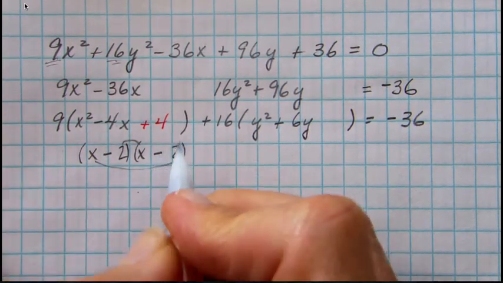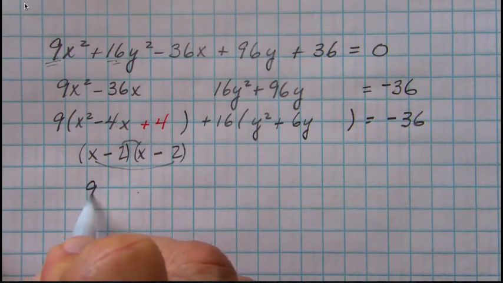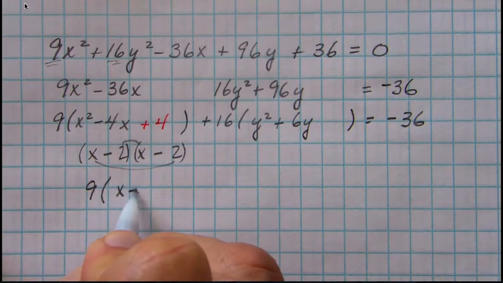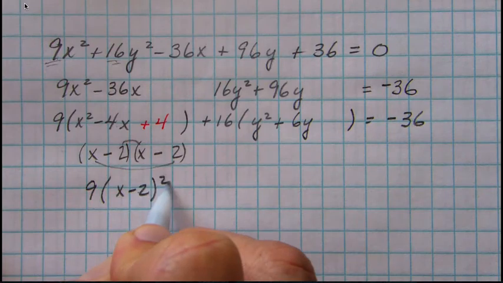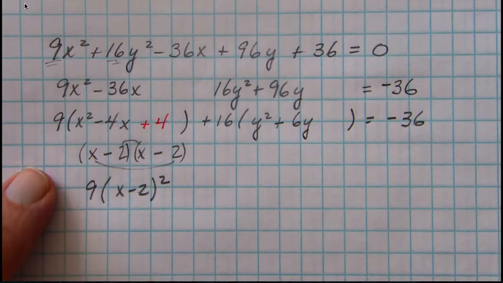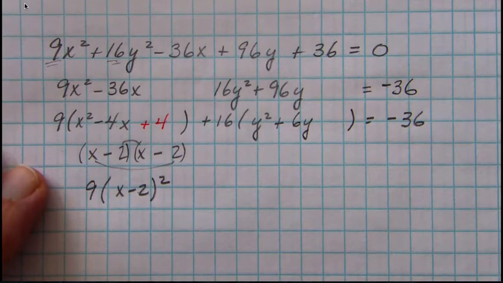So this does factor the way I'd like it to: 9 times (x minus 2) squared.